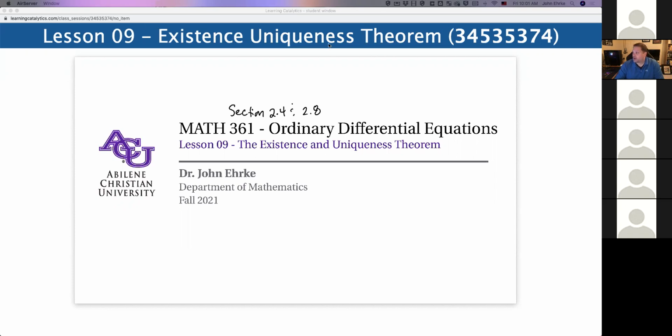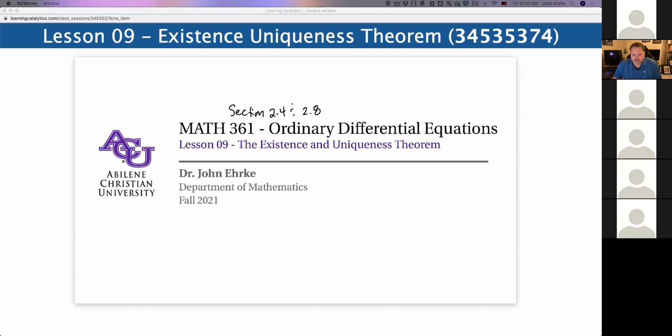Now, normally I would be a big fan of you reading the textbook over any of the material that we do. I will tell you, though, that reading section 2.8 is not going to look very close to what we're doing today. Section 2.8 introduces the existence uniqueness theorem, but spends almost the entire section devoted to proving it, which is something that honestly I didn't do till graduate school.